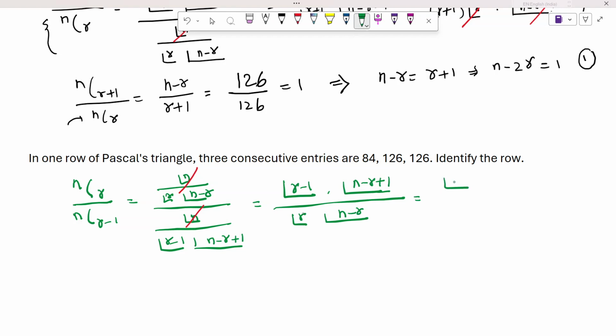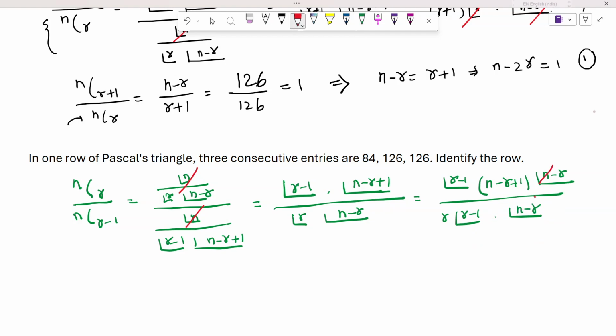So n minus r plus 1 comes out, and r factorial is r into factorial r minus 1. Simple.